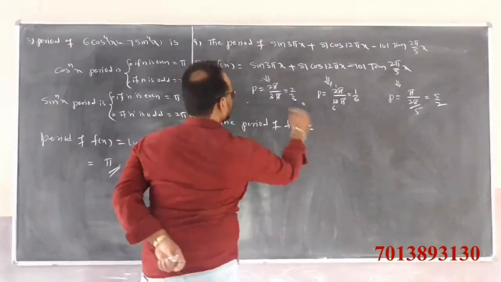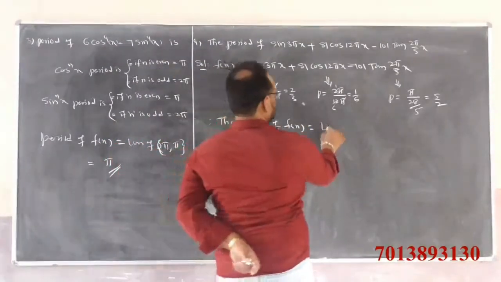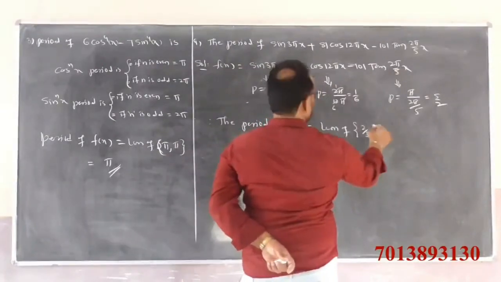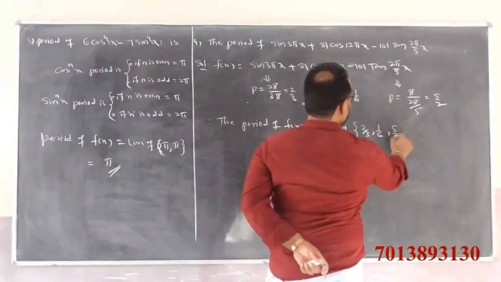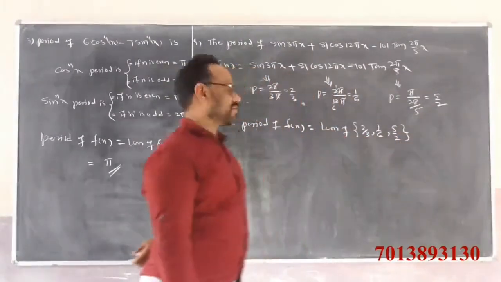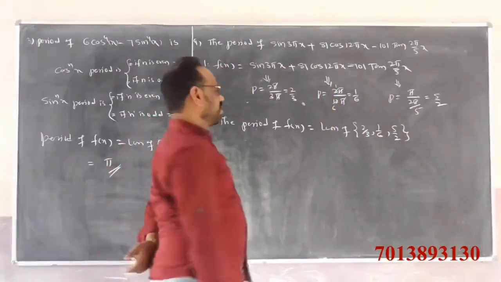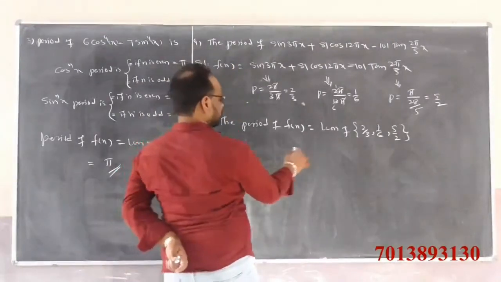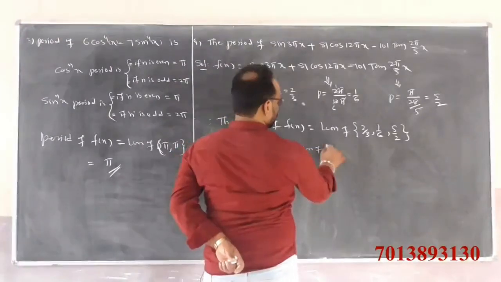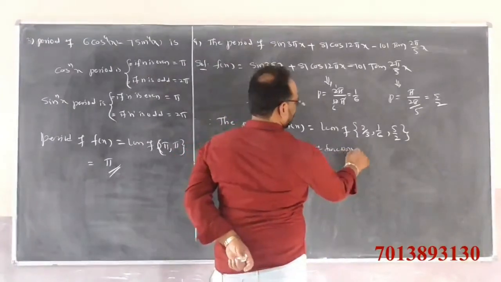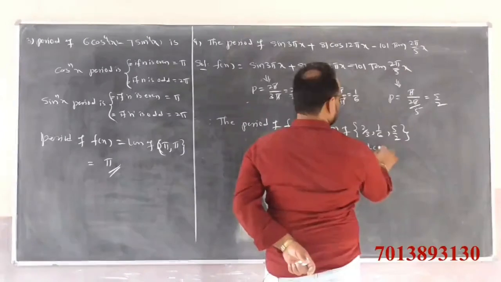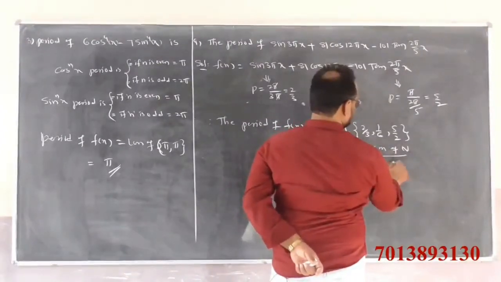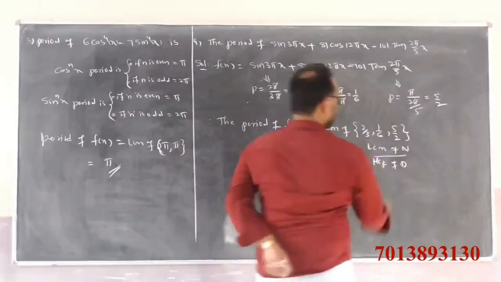of f of x, the given function, is equal to LCM of 2 by 3, 1 by 6, 5 by 2. Already we know that LCM of fractions is equal to LCM of numerators by HCF of denominators.